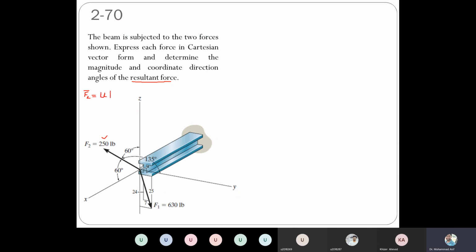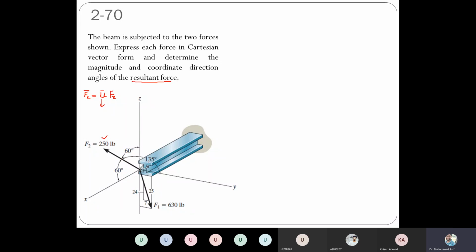Simply, you multiply that force with a unit vector, then it will become a vector, right? And how can you get a unit vector for this case? I think all the angles are given. Yes, alpha is given, then gamma is given, then beta is given.